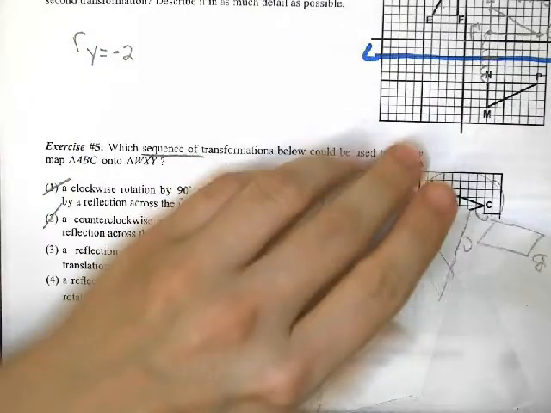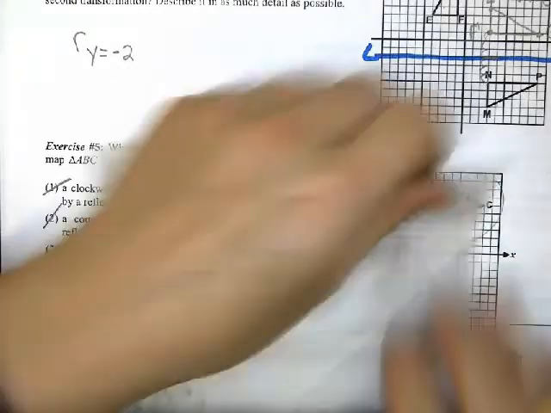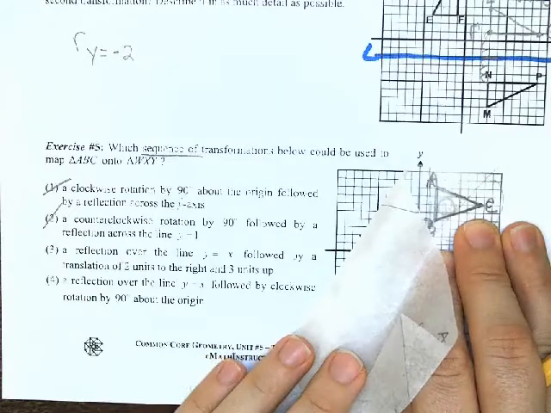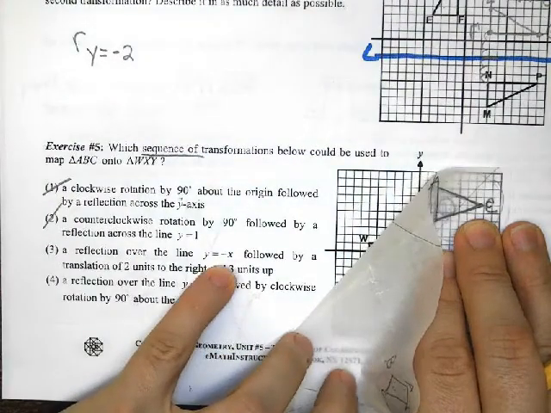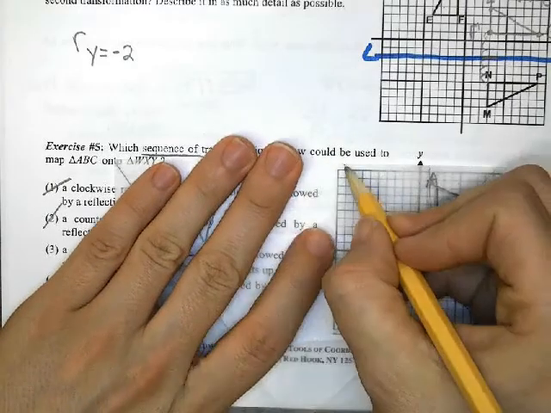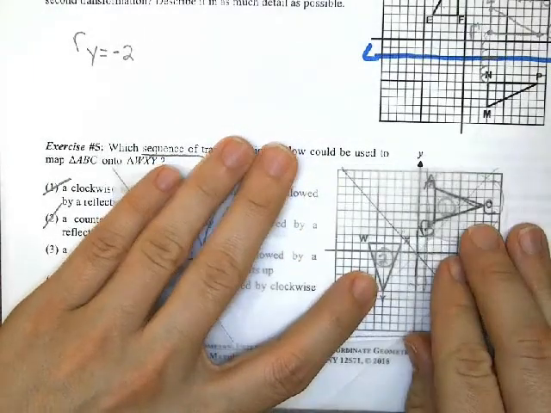All right, let's move to number 3 and try that one out. Number 3 first starts us off with reflecting over the line y equals negative x. If you remember what y equals negative x is, it's this line down the middle of the graph.